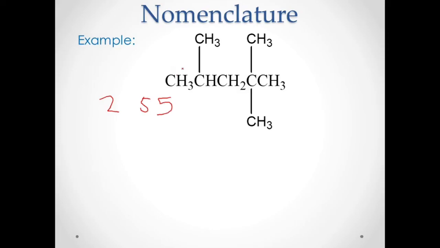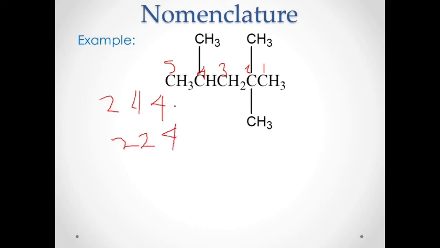So that becomes 2, 4, 4. Okay, that is wrong, so 2, 4, 4. But if you number this the other way, that would be carbon number 1, number 2, number 3, number 4, and number 5, then you would have the numbers 2, 2, 4.